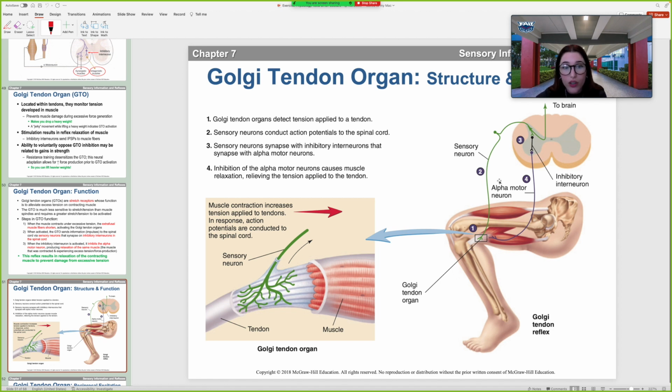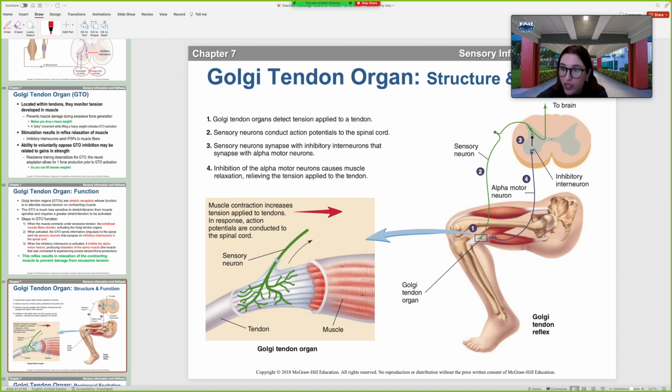The sensory neurons conduct action potentials to the spinal cord, right? That's just a fancy way of saying it's sending the information. Neurons send information via action potentials. The sensory neurons then synapse with inhibitory interneurons that synapse with the alpha motor neurons.